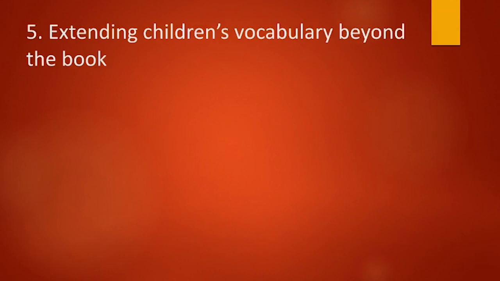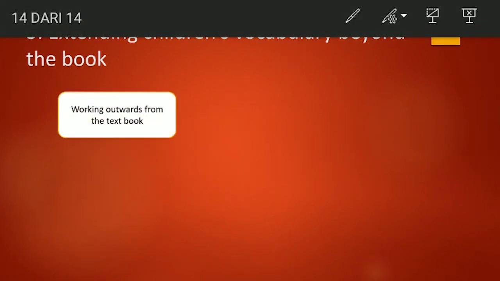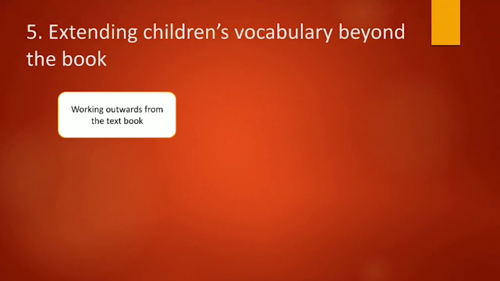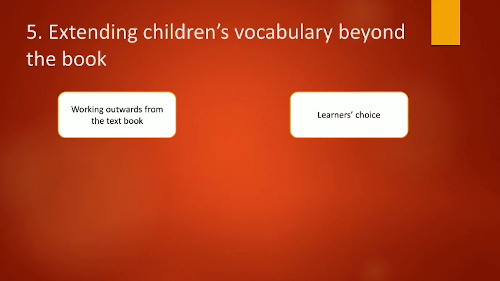And then five is extending children's vocabulary beyond the books. First is working outwards from the textbooks. And then the second is learner's choice. It means that we can ask them what they want to learn about the vocabulary.